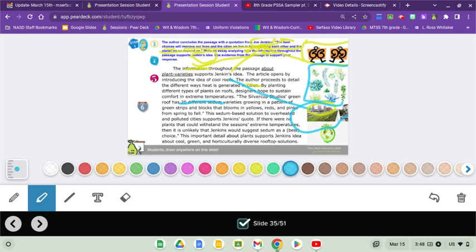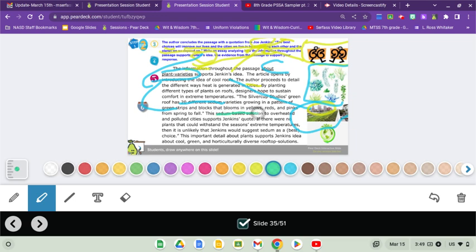Notice, by the way, that it talks about plant varieties here as some of the information that helps us support it, and we've got it here as well. The Silver Cup Studios green roof has 20 different sedum varieties growing in a pattern of green strips and blocks that bloom in yellows, reds, and pinks from spring to fall. Switch to green, please.